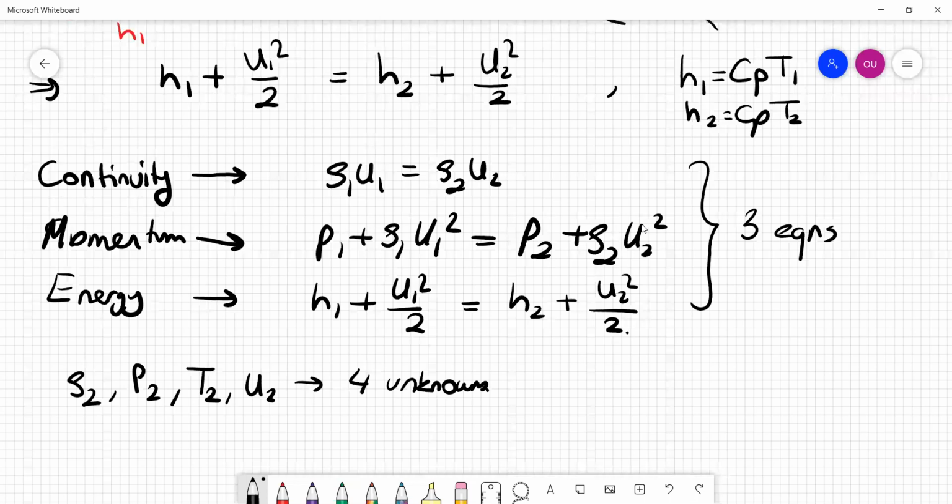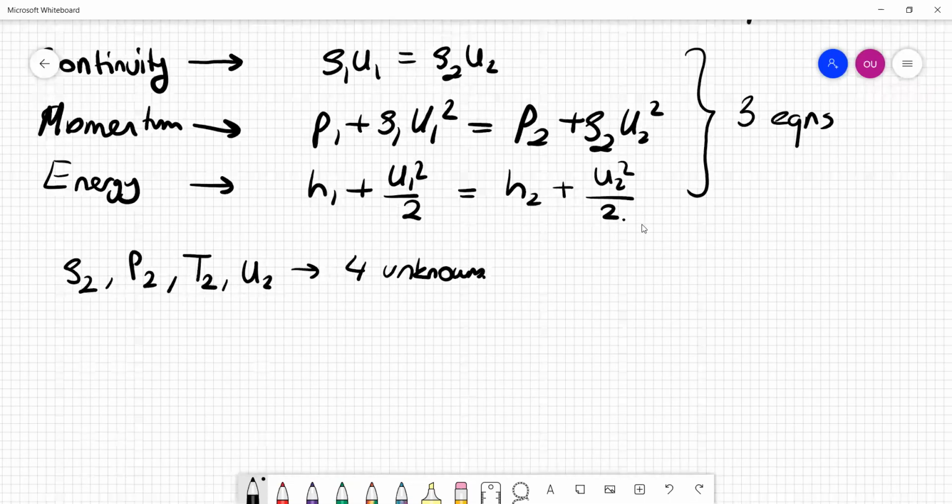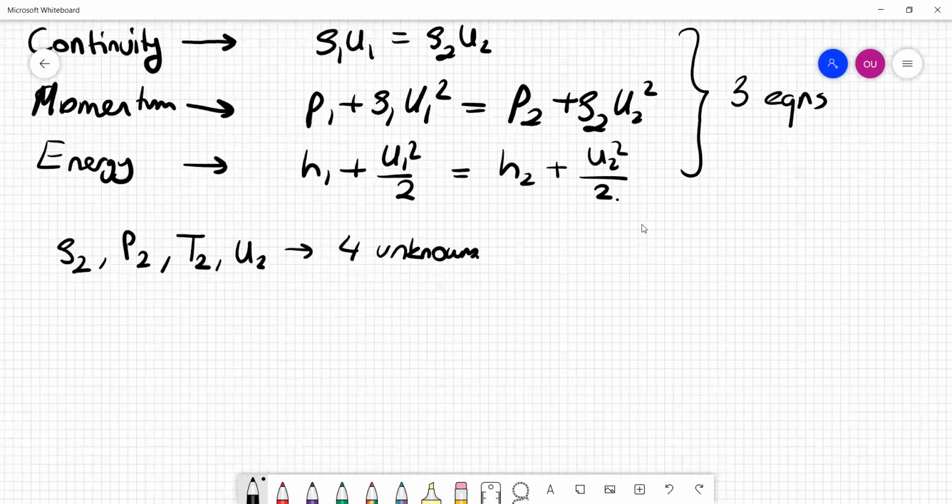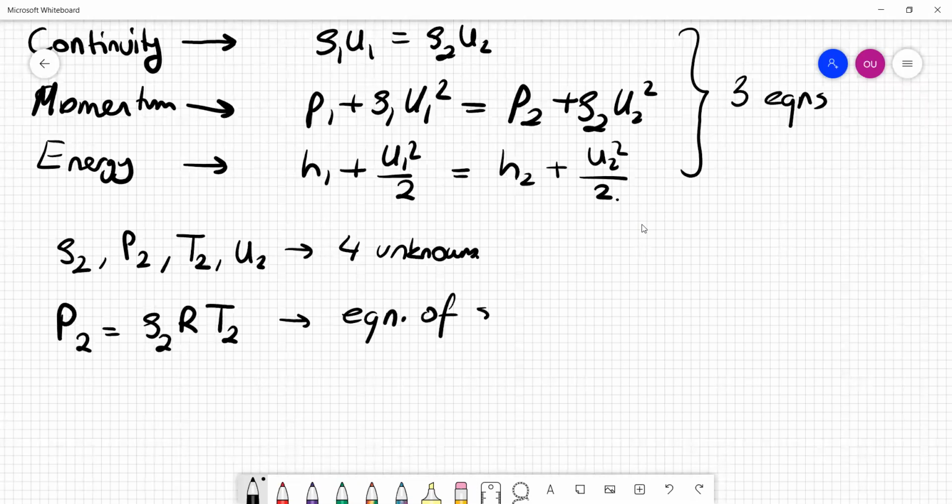The 4th equation is basically the equation of state. In addition to the fact that H is related to temperature, which I've already written, the 4th equation is basically P2 is equal to ρ2 R T2. So this is the equation of state as the 4th equation, and plus 1 makes it 4 equations and 4 unknowns.